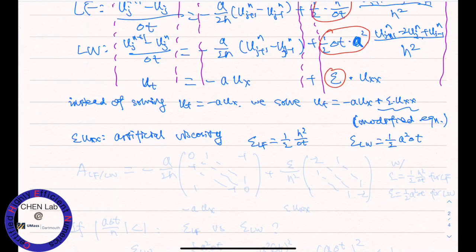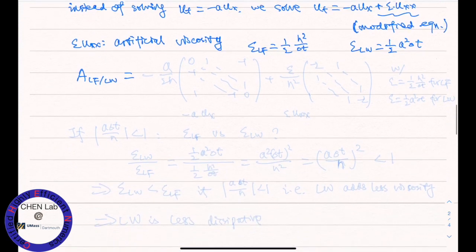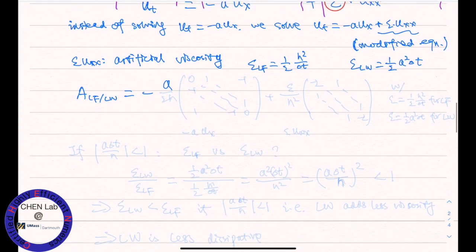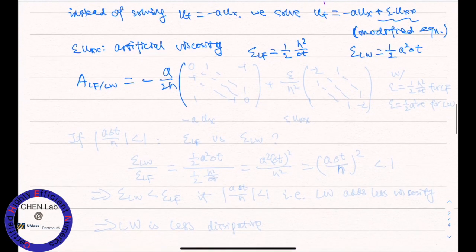So the matrix A for Lax-Wendroff and Lax-Friedrichs is negative a over 2h times the matrix with 0, 1, negative 1 entries.